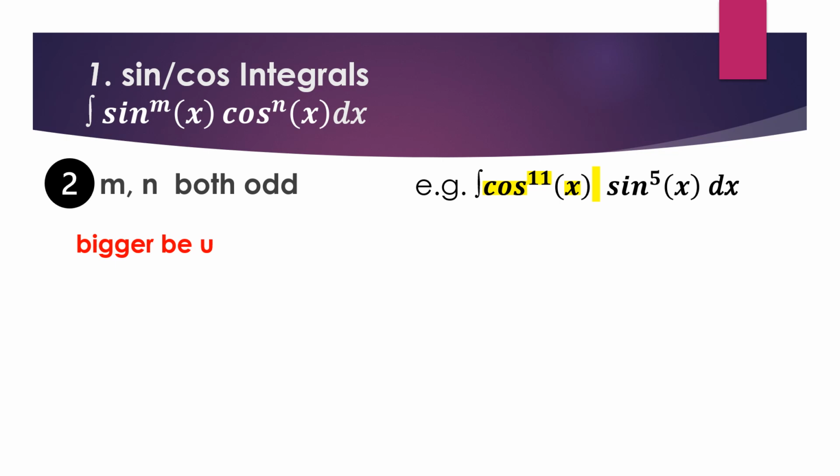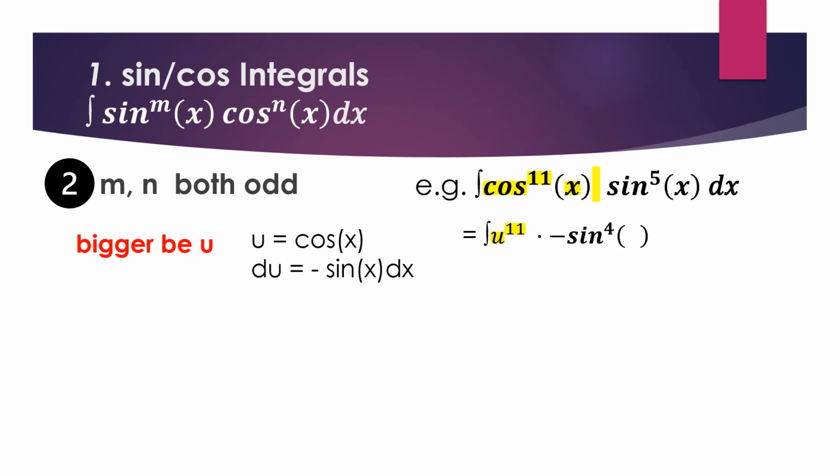Here we can see 11 is the bigger number. So we will let u equal the bigger one, cosine x. So du will equal negative sine x dx. So we substitute cosine x with u and sine x dx with negative du.